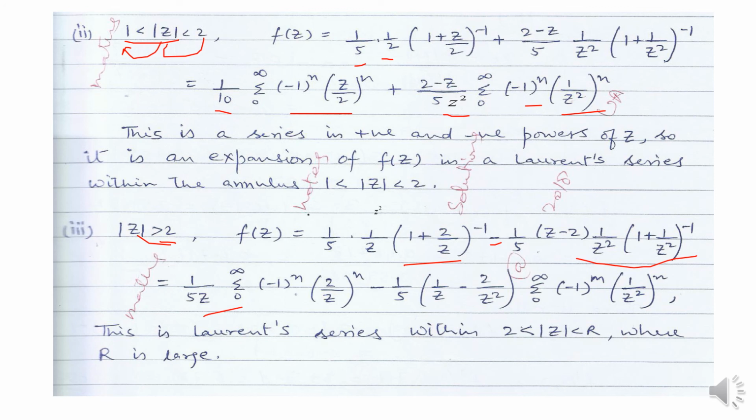So this becomes 1/(5z) sigma 0 to infinity (-1)^n (2/z)^n, minus 1/5, and we took this z² inside and we have written 1/z - 2/z², or we can say (z - 2)/z².